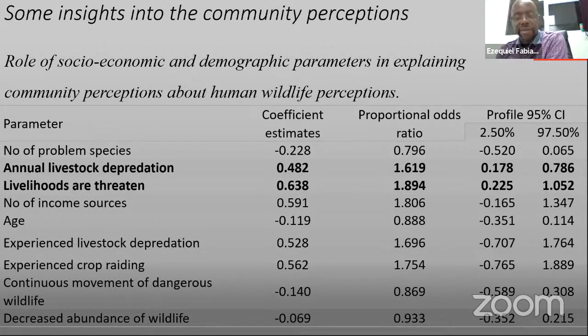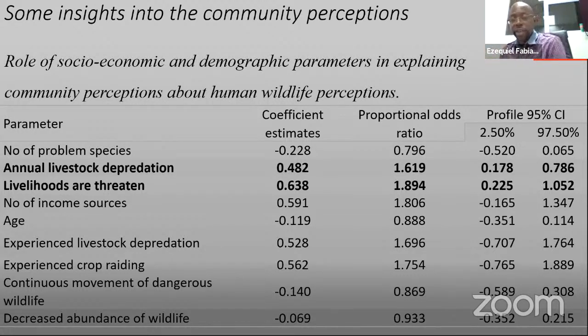Of these, only 2 variables, the annual livestock depredation and the perception that livelihoods are threatened, were significant, in the sense that perceptions of participants that incur livestock depredation could be reinforced in a negative direction by 61%.